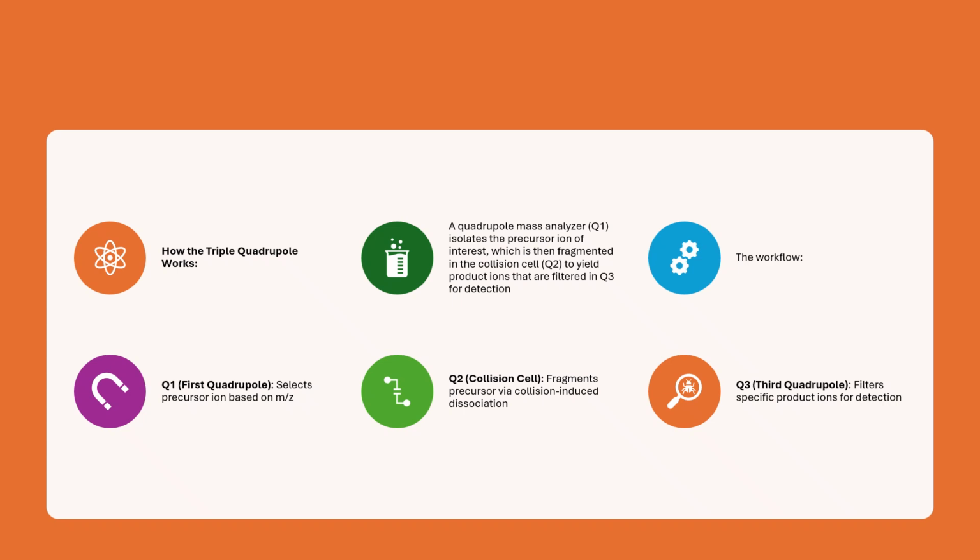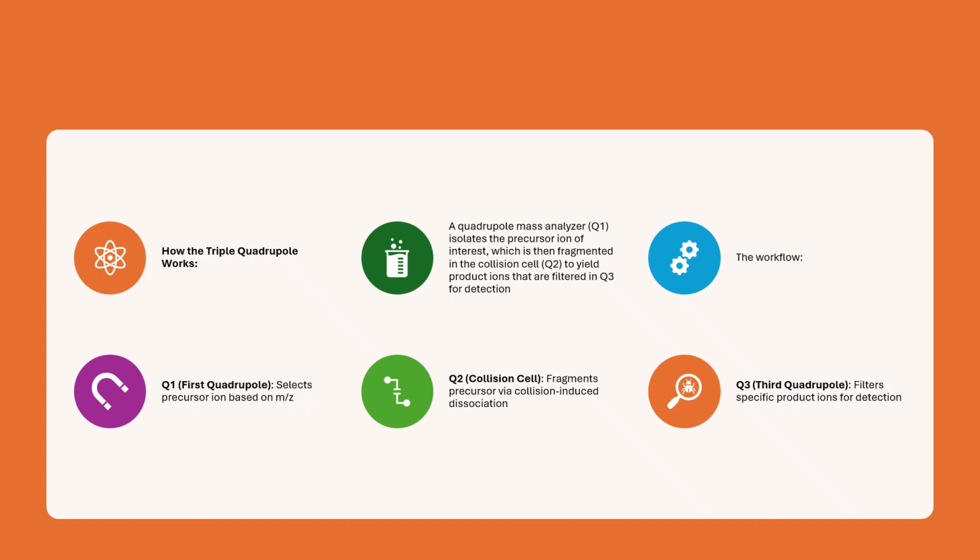So let's look at how the triple quadrupole works. A quadrupole mass analyzer, that is Q1, isolates the precursor ion of interest, which is then fragmented in the collision cell, that is Q2, to yield product ions that are filtered in Q3 for detection.